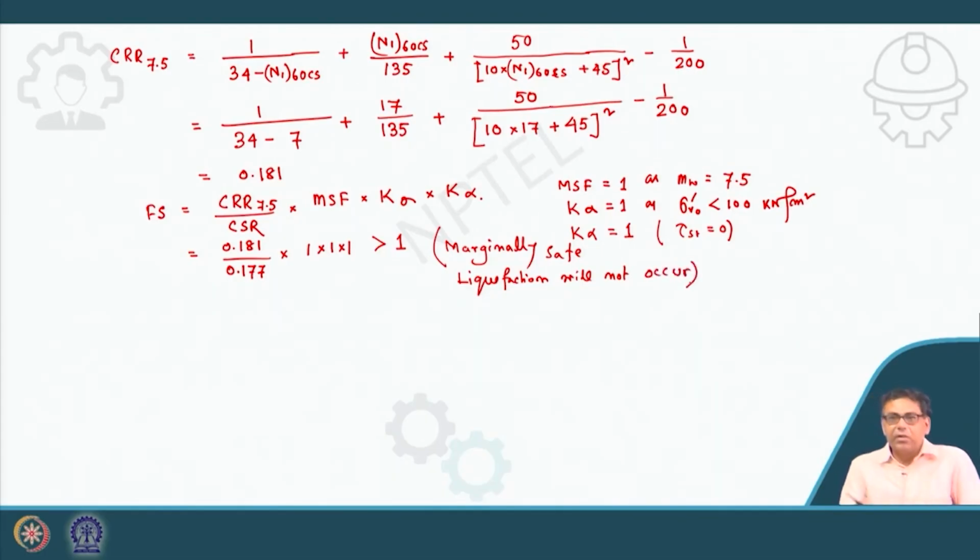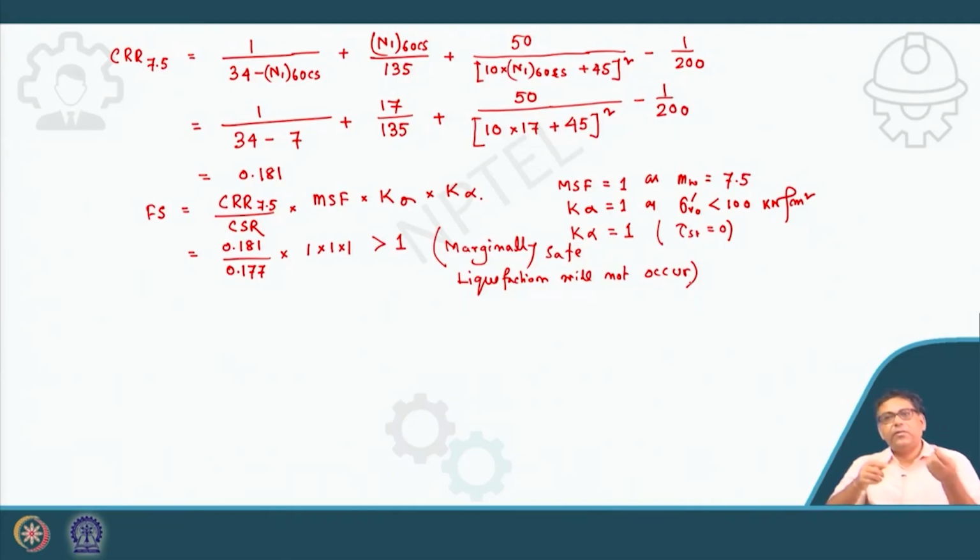But remember that here we are not providing any factor of safety. Here if it is greater than 1 it means safe. But if you provide a factor of safety, say 1.25 or 1.5, then you have to check whether the factor of safety is greater than that value you have chosen; then it is safe, otherwise not. Here I have chosen only 1 as my threshold value, that's why I am saying it is safe.